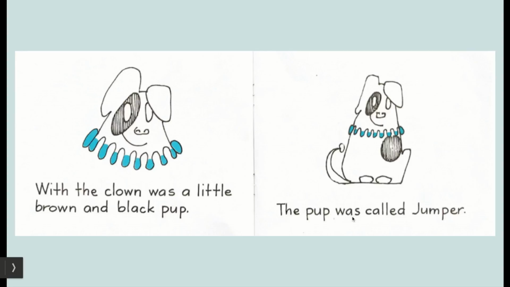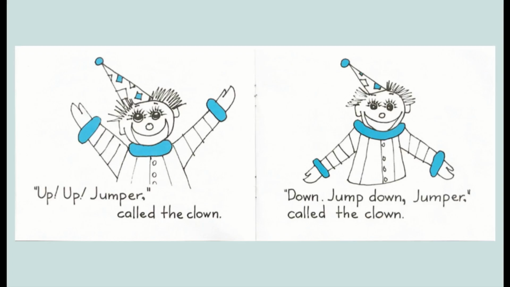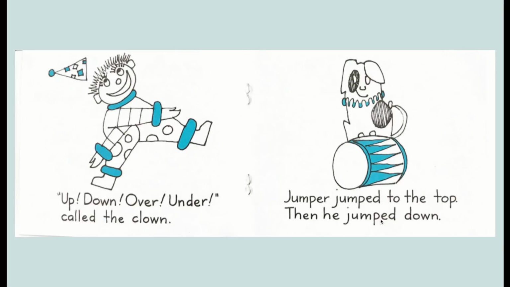The pup was called Jumper. Up, Jumper, called the clown. Jump down, Jumper, called the clown. Up, down, over, under, called the clown.